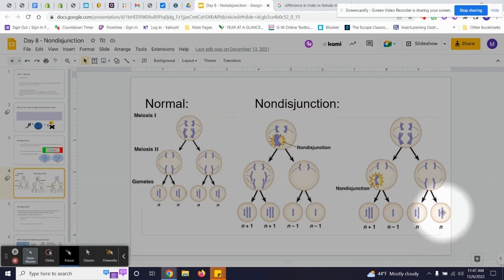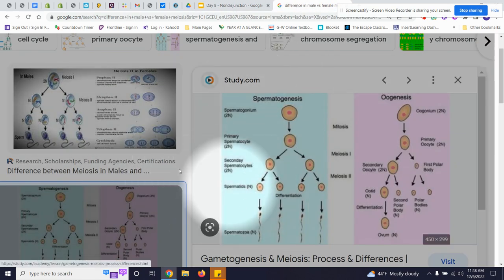If the only egg that survived was one of the ones on the left that had the normal number of chromosomes, then the baby will be normal, assuming that a normal sperm comes through. But when non-disjunction happens in females and it's in the egg cell that's ready to be fertilized, it's 100% there's going to be something happening for the baby because of the female egg.